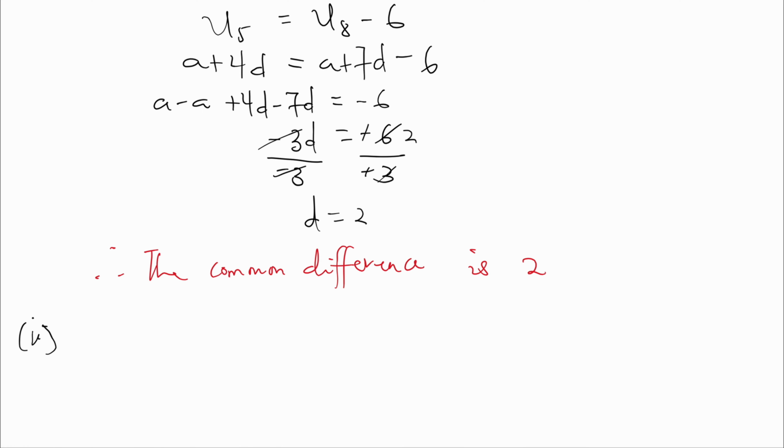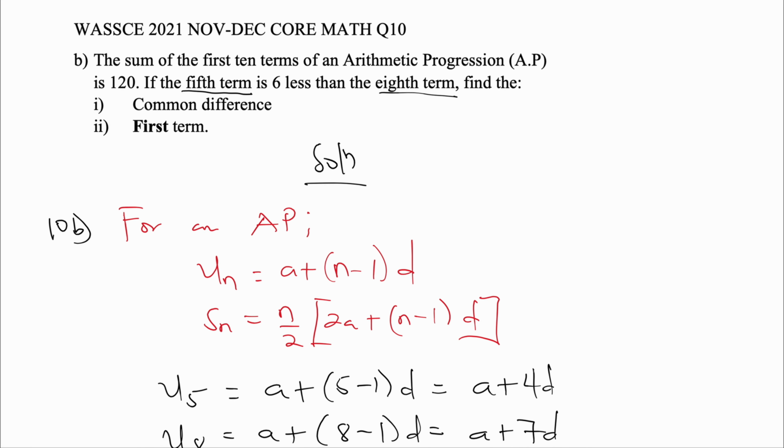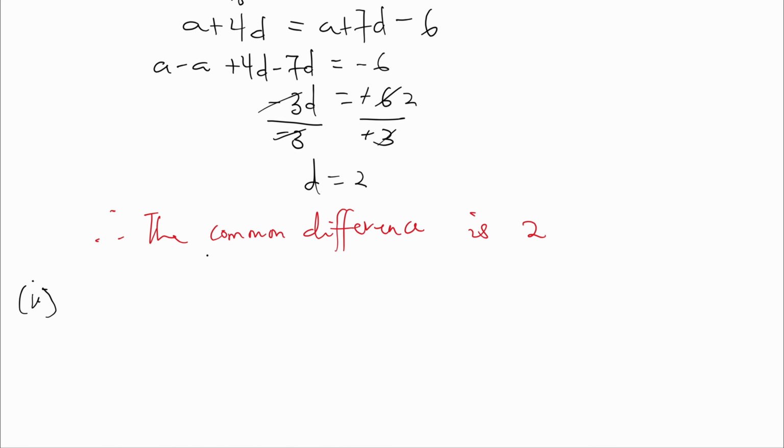Now we know that the sum of the first 10 terms is 120. So S10 is equal to 10 over 2 times (2a plus (10 minus 1)2). And then S10 is 120.